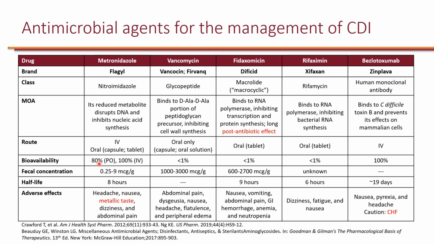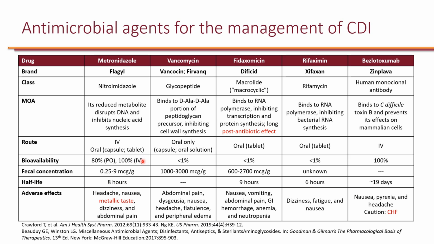Now for CDI, the site of infection is actually in the GI tract. So it's actually best if the drugs are not absorbed, because when they are absorbed, they go away from the site of infection. So when 80% of oral metronidazole is absorbed, about 20% of it stays in the site of infection.